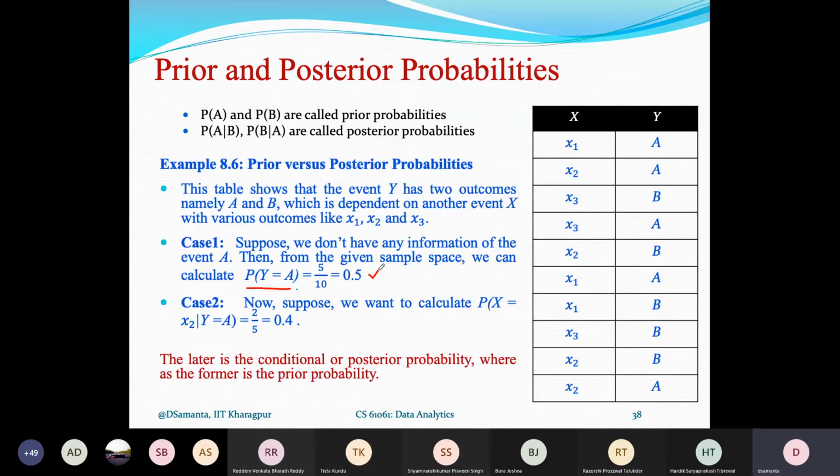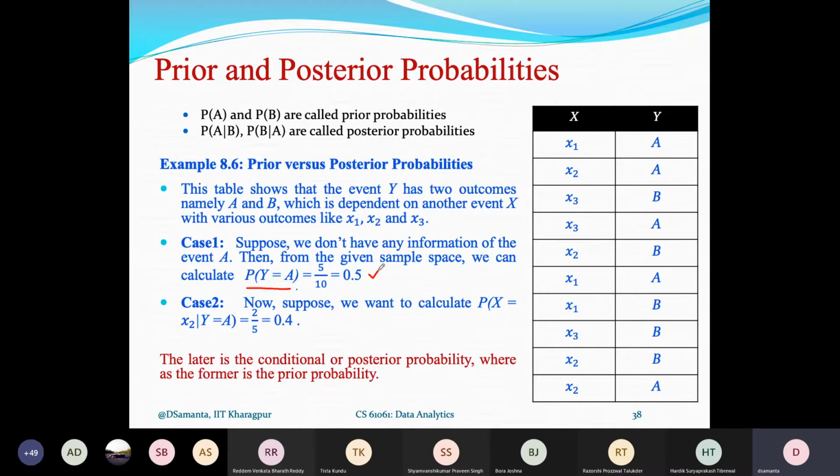Now let's see what the posterior probability is. In this context, there are two posterior probability calculations. Let us consider the notation that we can use to represent the posterior probabilities: P of A given B, or P of B given A. You can understand that posterior probability is nothing but conditional probability, because it is the probability that A occurs given that B, and the probability that B occurs given that A. Here A and B do not necessarily mean class label values; it is just for notation.